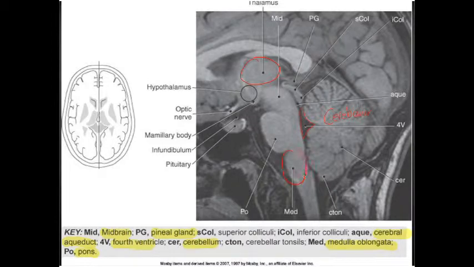We have the medulla oblongata, the pons situated just above the medulla oblongata. The cerebral aqueduct, or the aqueduct of Sylvius. The pineal gland.